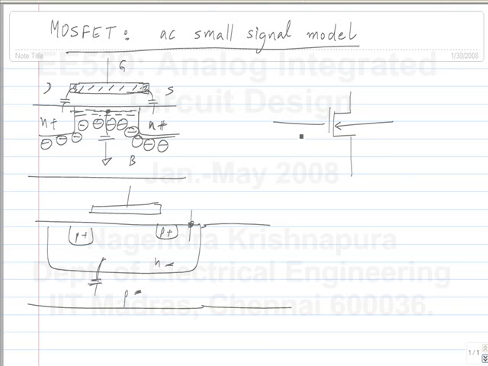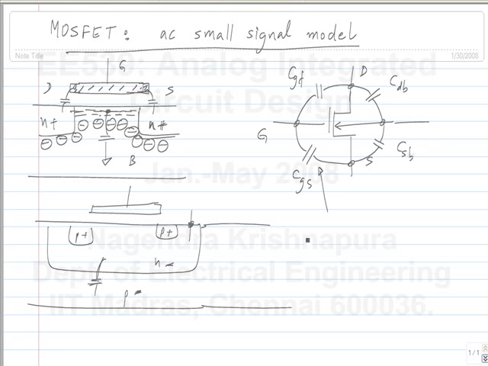If I draw the symbol of the NMOS, let me call this drain and source. This is across the gate oxide and these are depletion capacitances.